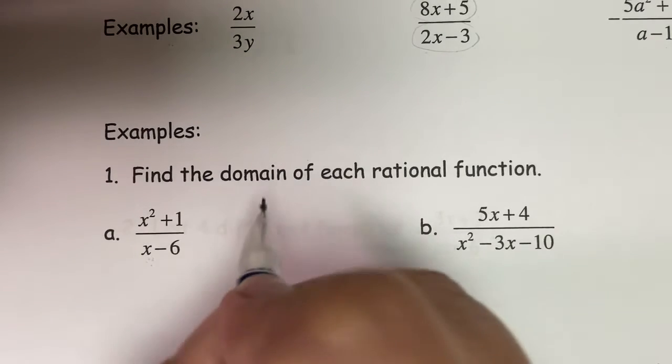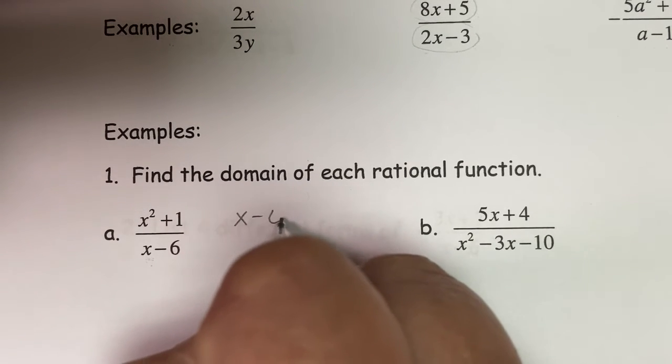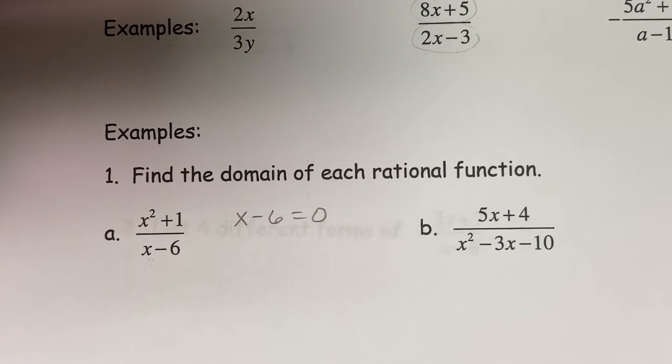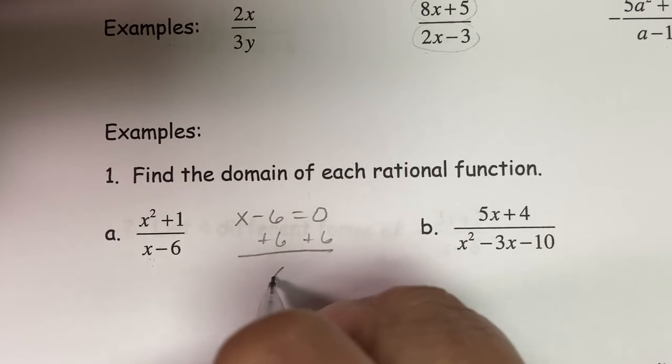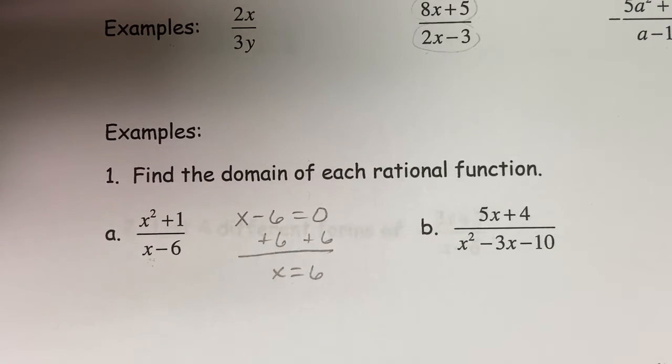I can get that by taking my denominator and setting it equal to 0. When I solve that little equation, I add 6 to both sides, and I get x equals 6. So 6 is the value that would make this denominator equal to 0.